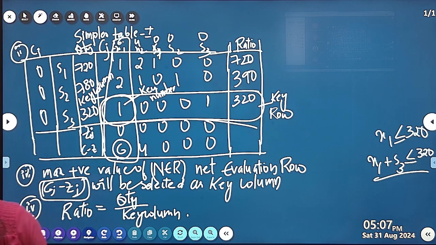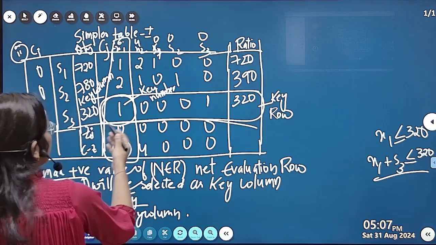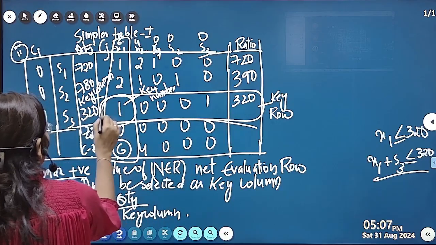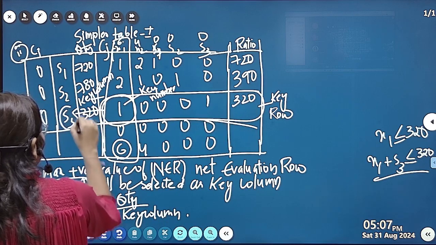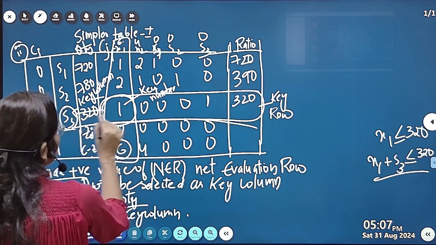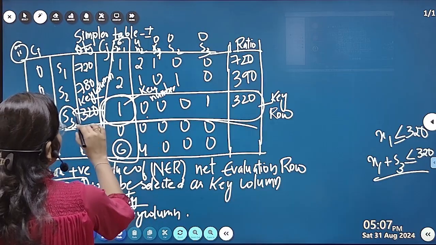So next, point number 6. Write down point number 6. Ma'am, say once again the column x3 part. You can see over here, this is a key row, right? So this is S3. This row is selecting which number?